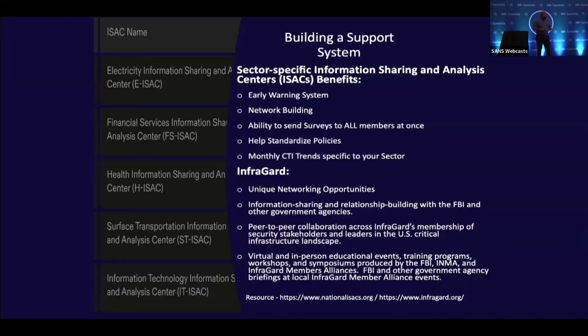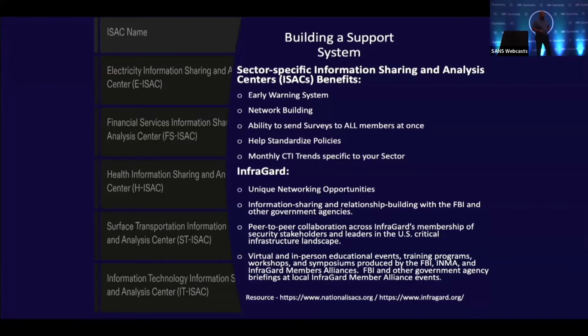And there are the monthly CTI trends that they have. I can't say every ISAC gives the same reports, but they usually include threat trends, vulnerability advisories, ransomware data leak sites, and geopolitical threat trends, to name a few. So it's a wealth of knowledge there.